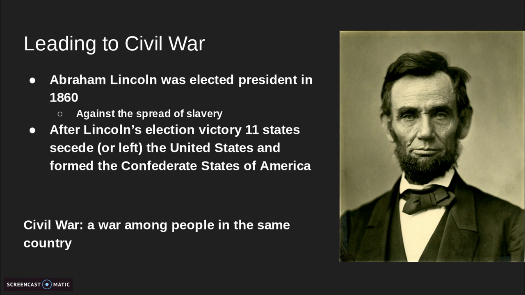They created their own country, and they had their own president named Jefferson Davis. And this is a time in American history called the Civil War. Now, Civil War is fighting among people in the same country. It was the northern states versus the southern states.